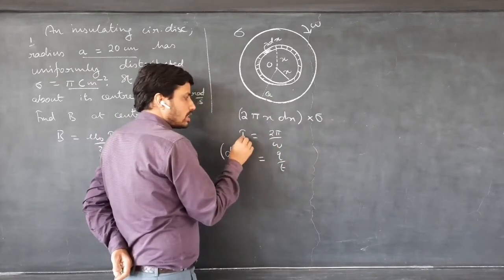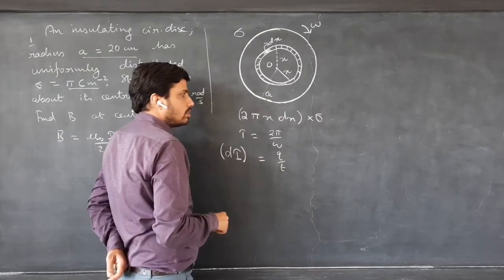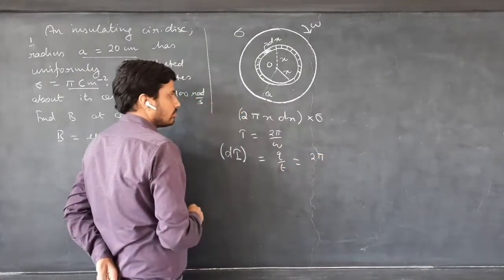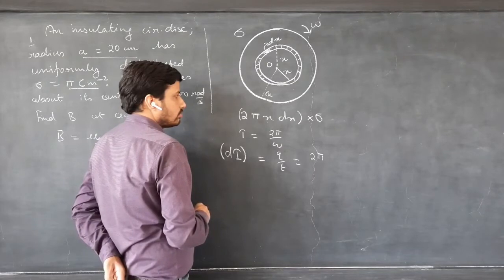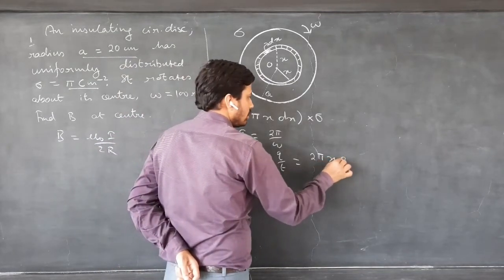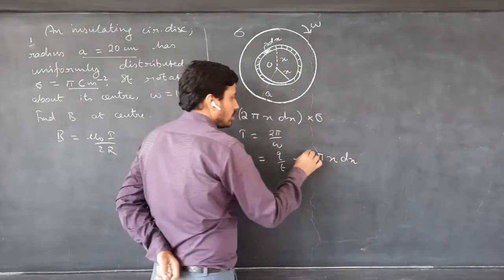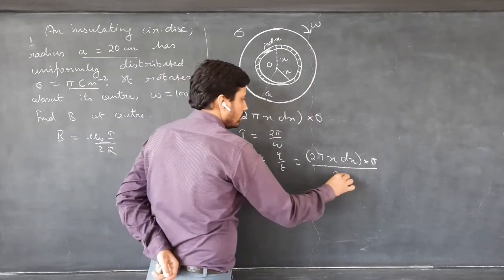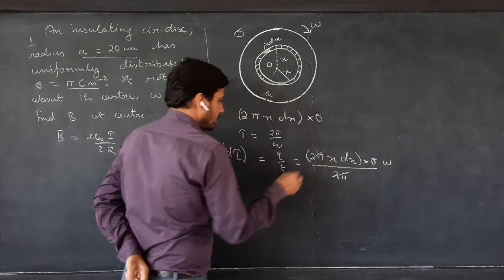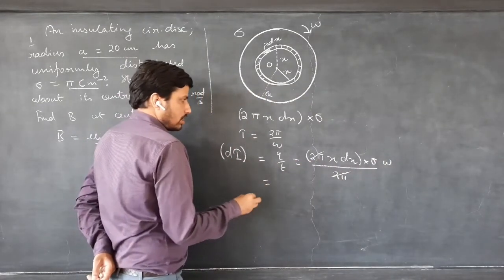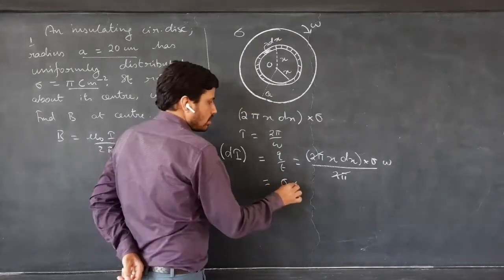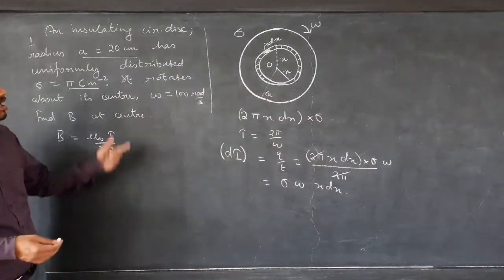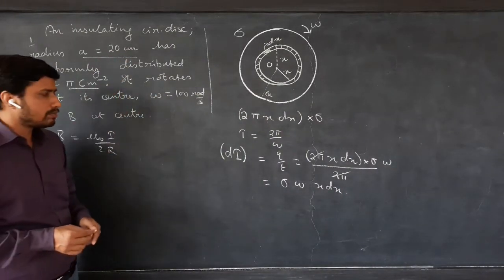So for one rotation, we will take time as capital T. So this will become 2 pi x dx into sigma by 2 pi by omega. So 2 pi will cancel. So the current will be sigma is a constant, omega is also a constant, times x times dx. I'll just solve it in a general method. You can put the values afterwards yourself.